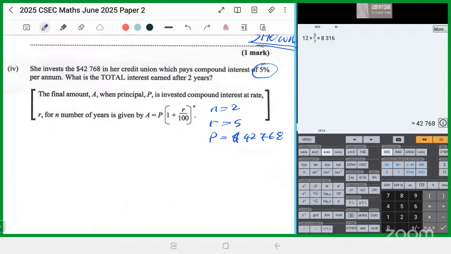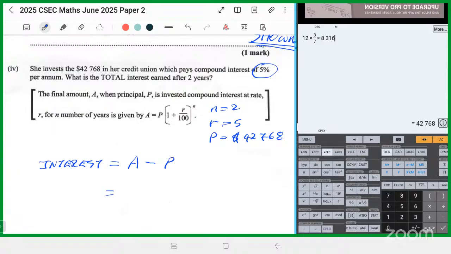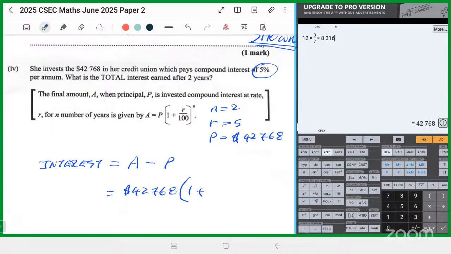All right? So this is the total amount. See, the final amount includes the interest. So the interest is what they want. It's going to be that amount minus the principal. And the amount is basically this calculation, which is the principal of 42,768 times 1 plus 5 over 100, squared.